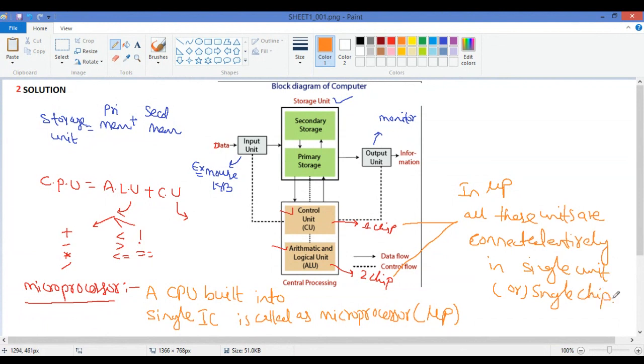This is your microprocessor. And a digital computer whose CPU is a microprocessor is called a microcomputer. Note down this very important point.